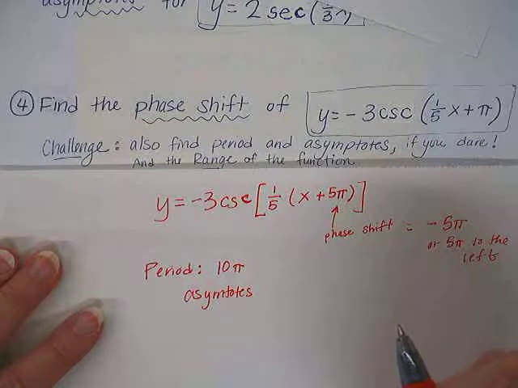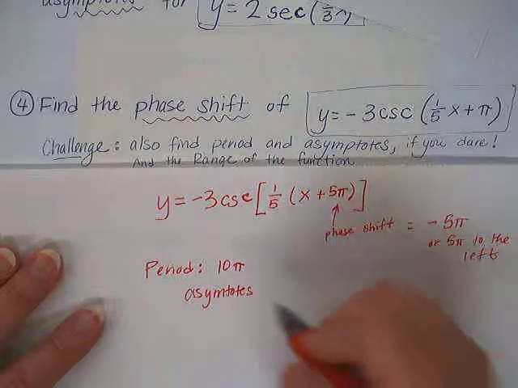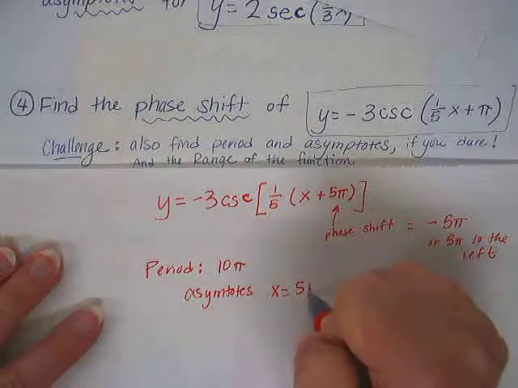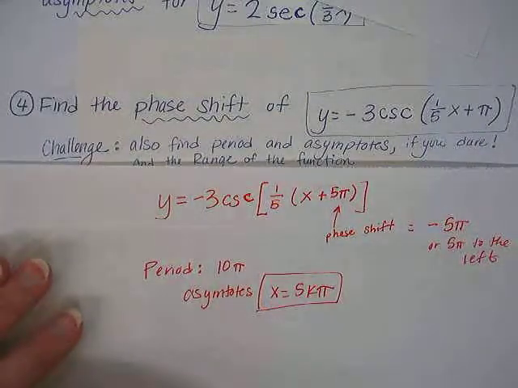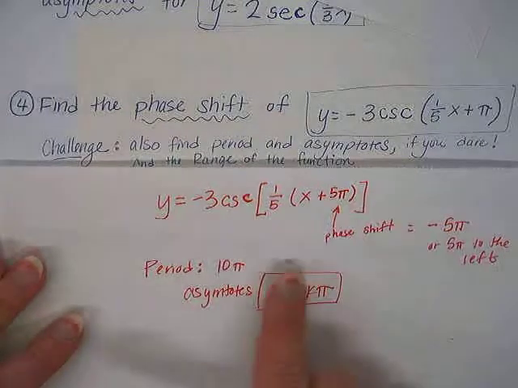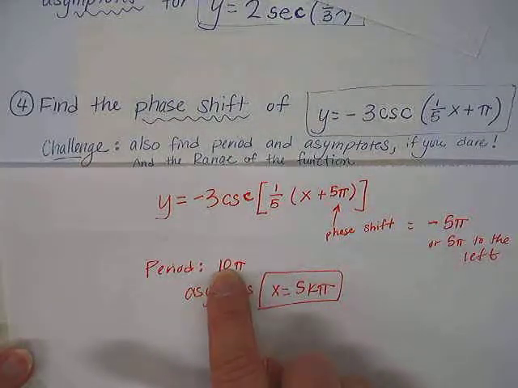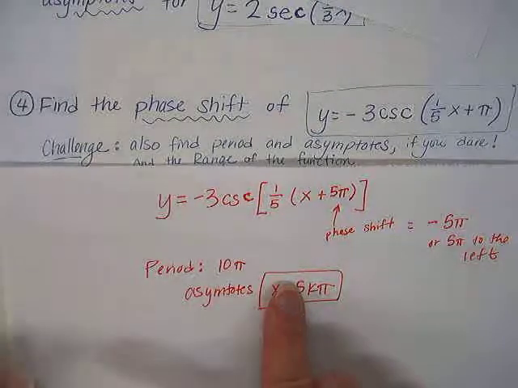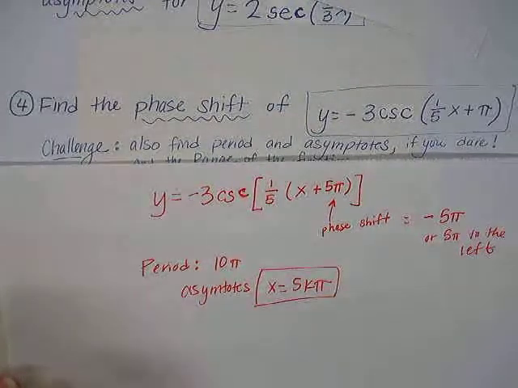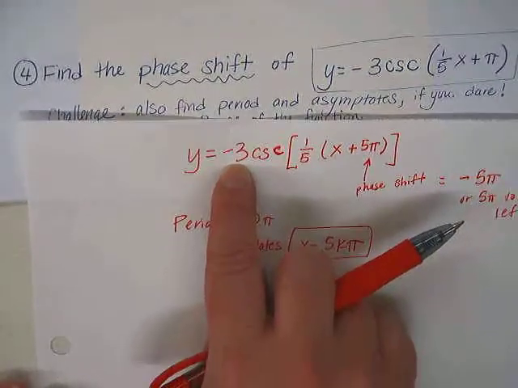So the asymptotes that are normally at values of pi, because you have 0 pi and 1 pi and 2 pi and 3 pi, would be at x equals 5 pi instead. And the k just tells us, to go to the next one, multiply by the next number. So normally it would be k pi, because it's at 0 pi, 1 pi, 2 pi, 3 pi, but because the period is 10 pi, that means there's an asymptote at 0, and then at 5 pi, and then at 10 pi, because of that 1/5.